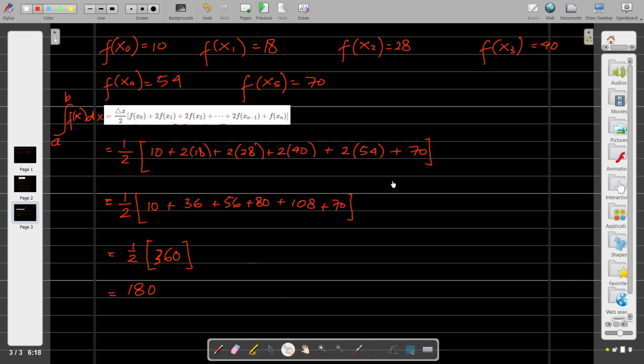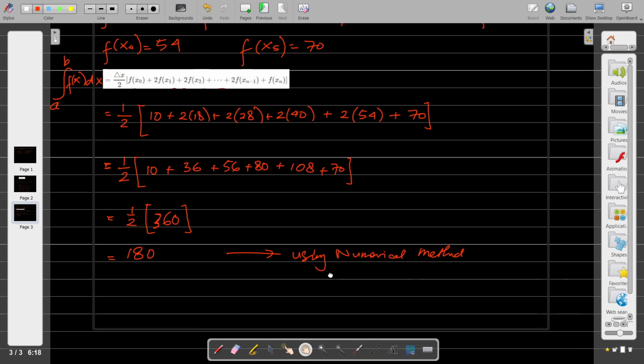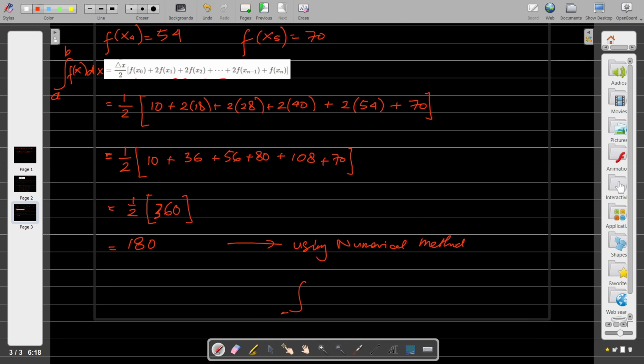So this is the result of our integration. After you calculate, you will get 180. So using the numerical method, the value of the integration from 5 to 10 of x to the power of 2 minus 3x dx will be approximately equal to 180.